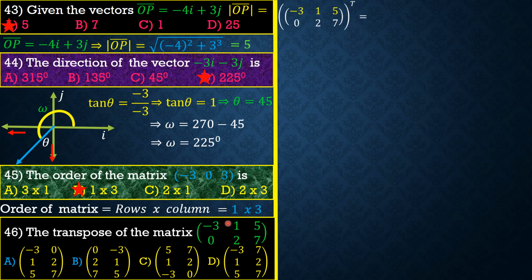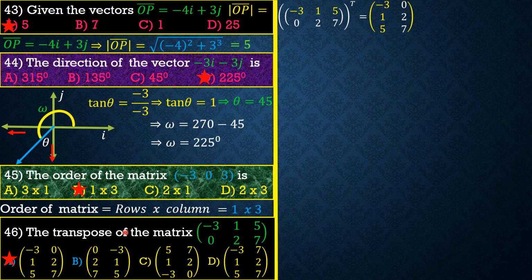If we do that, we are going to have the transpose being equal to: minus 5 comes down, 1 follows, minus 3, 7 follows, 2 follows, 0 follows. We are going to have minus 3, 0, 1, 2, 5, 7. So if you look at this, guys, we'll see that the best option has to be option A.